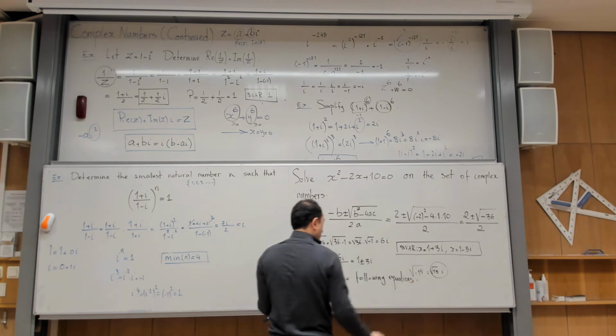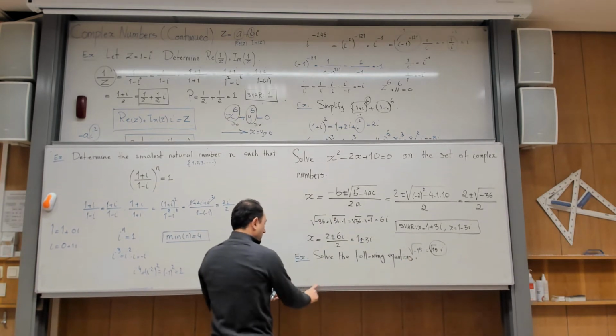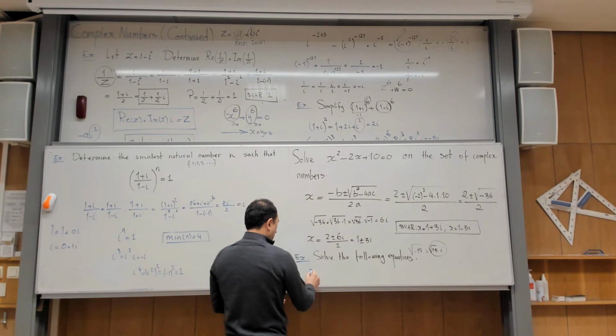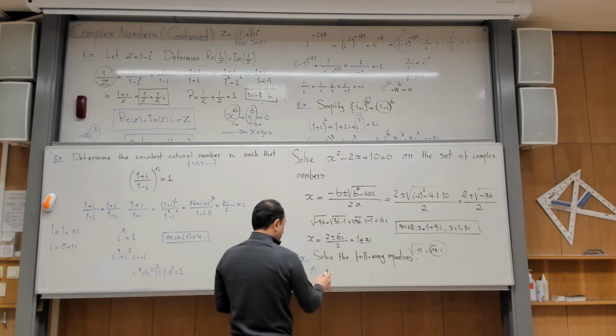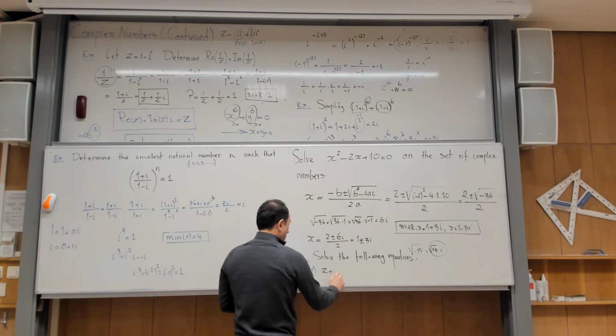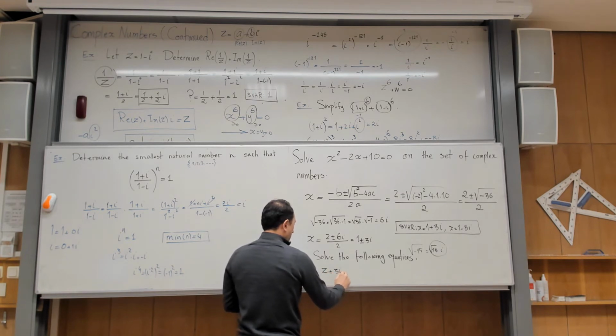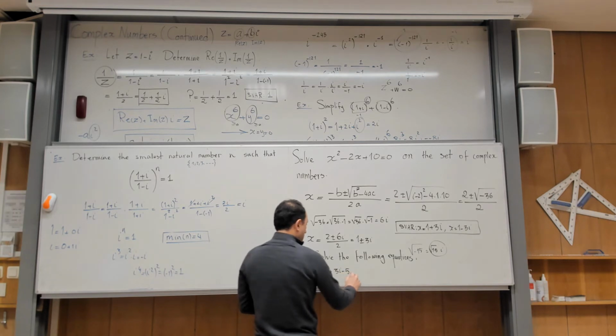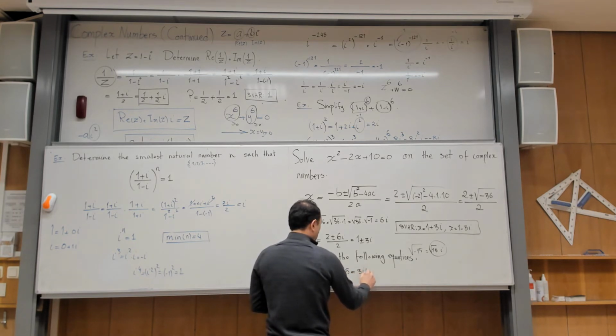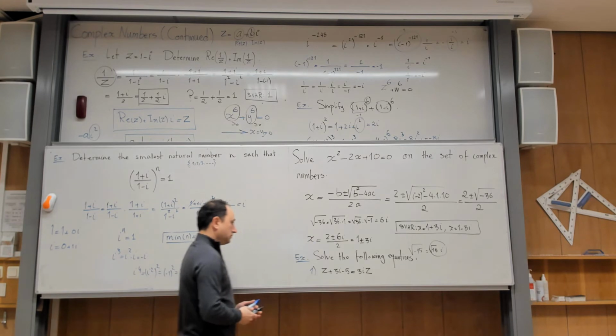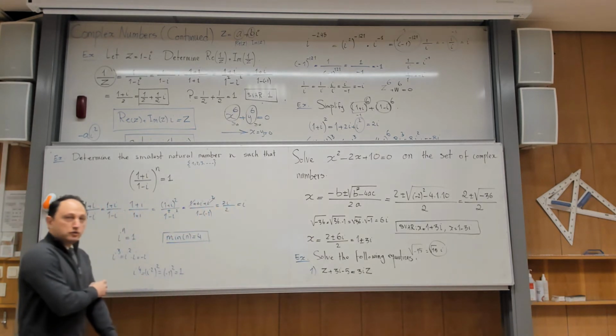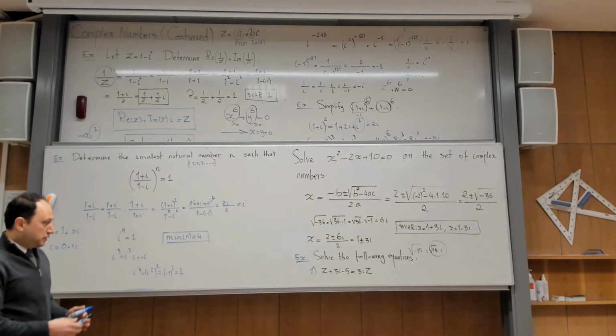The first example is very simple. z plus 3i minus 5 is equal to 3i times z. We want to solve this equation. That is the simple example.